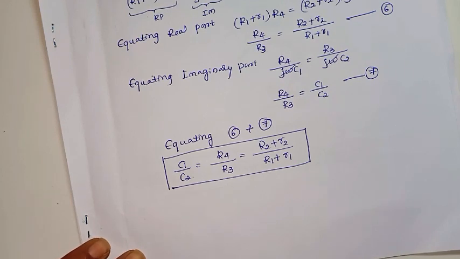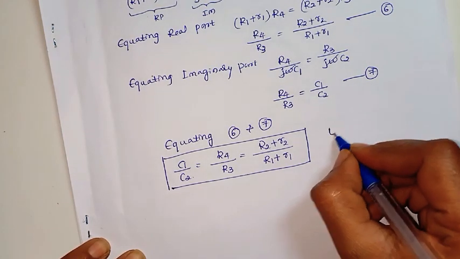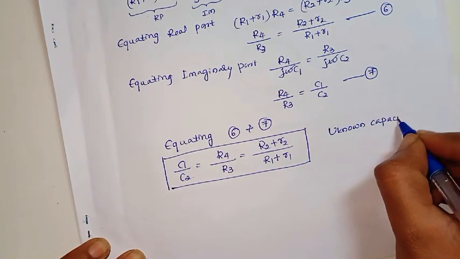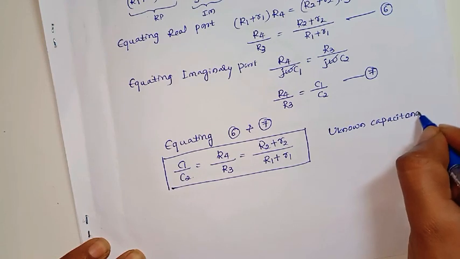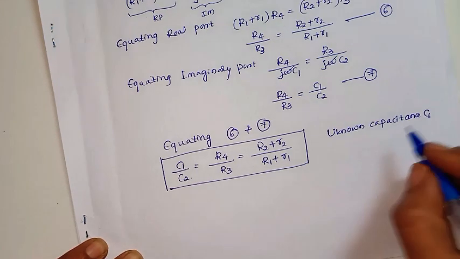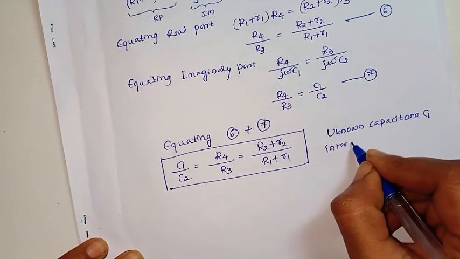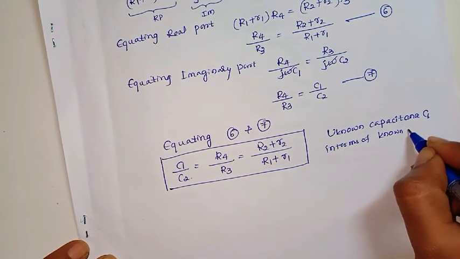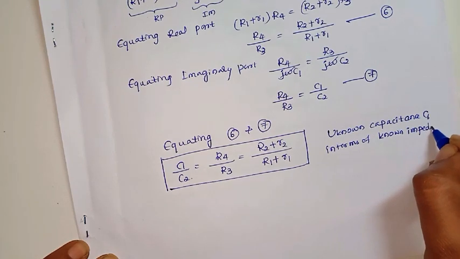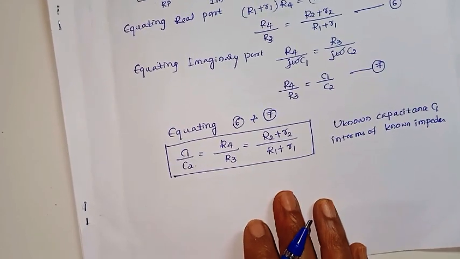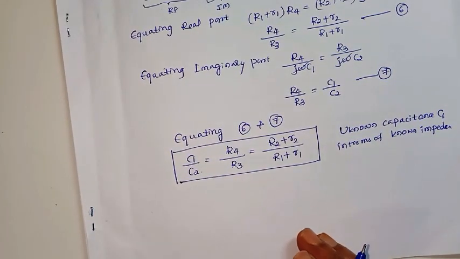Through this, we can measure unknown capacitance. What we can calculate? Unknown capacitance C1 in terms of known impedance.